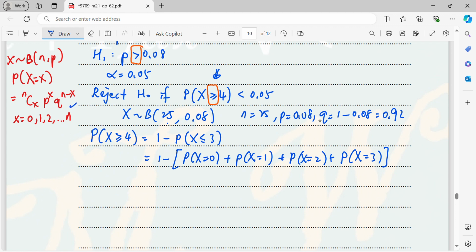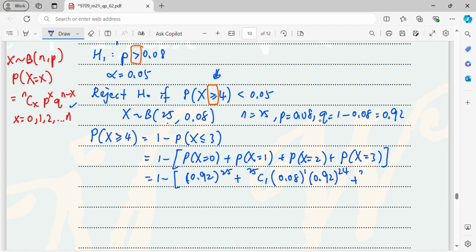Now when P(X=0) means that there is no success. So if no success, I will say all 25 are failures. Therefore, I will just write 0.92 to the power of 25. And then when P(X=1) means that out of 25, there is 1 success. The probability of success is 0.08, and then there will be 24 failures.